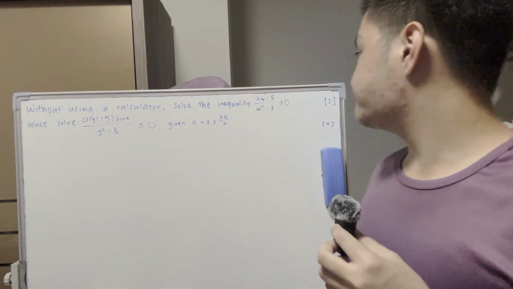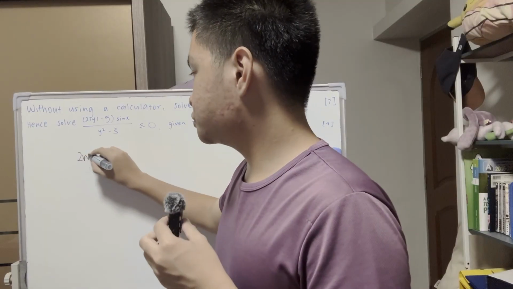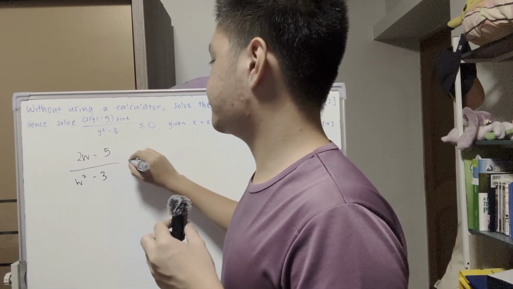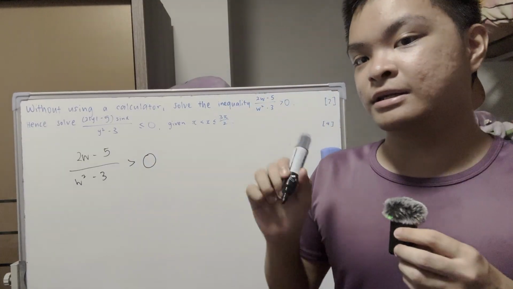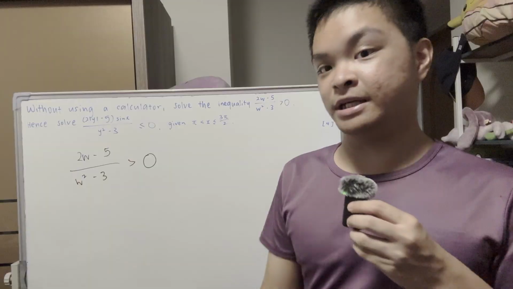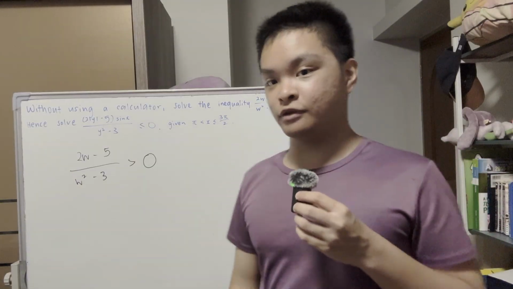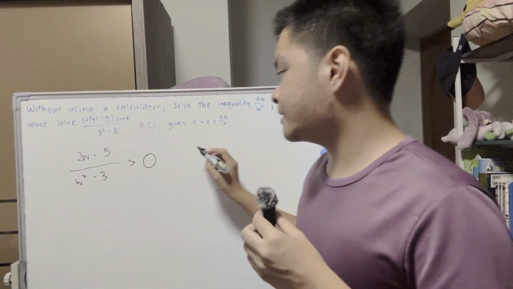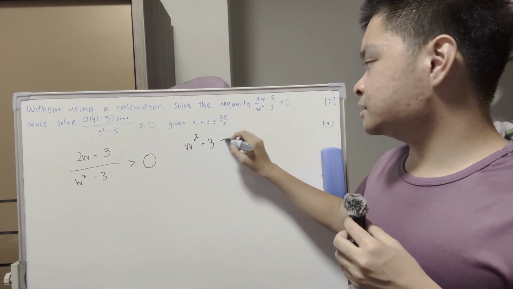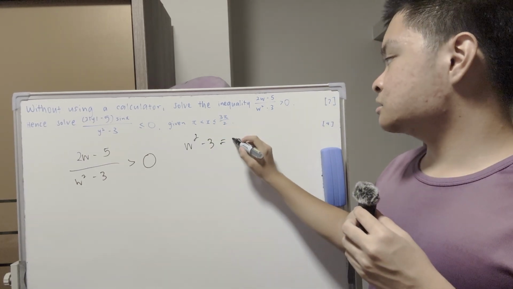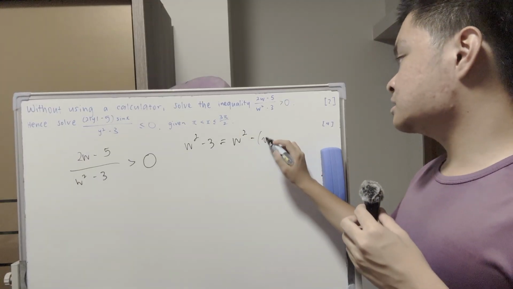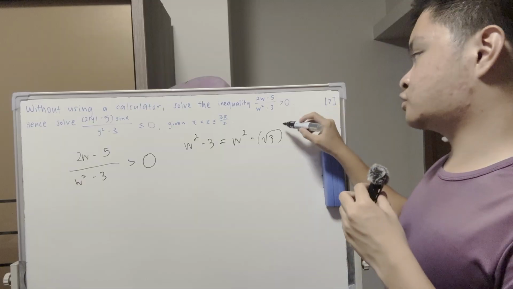So let's do that. If I see (2w minus 5) over (w squared minus 3) is more than 0, in normal circumstances, we wouldn't be able to factorize the denominator. But in this case, we actually do have to do that. So recall that w squared minus 3 can actually just be expressed as w squared minus square root 3 squared.